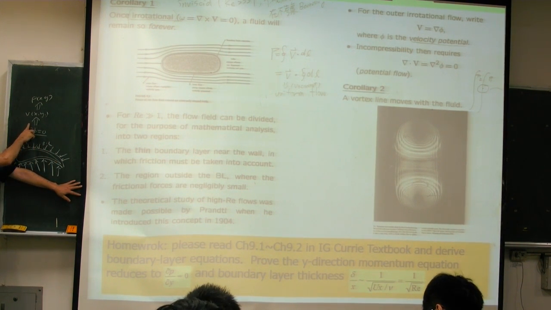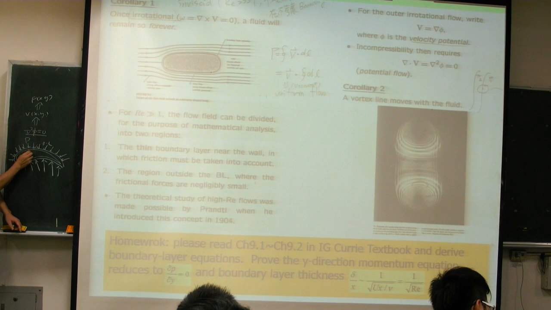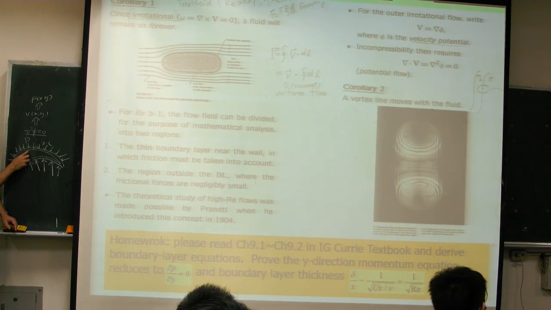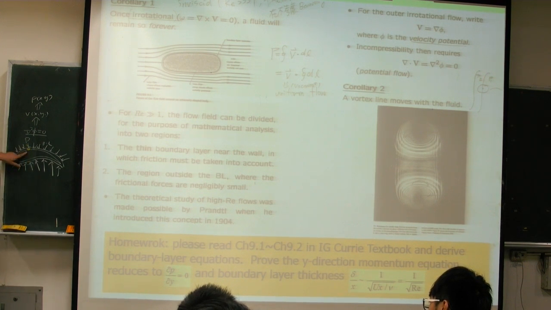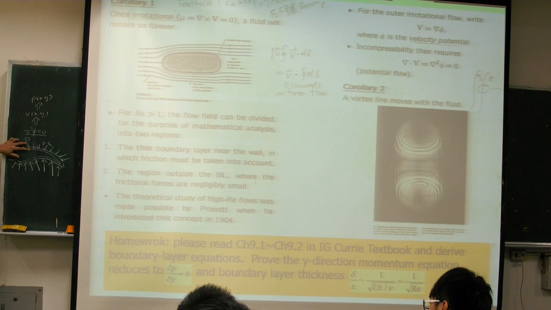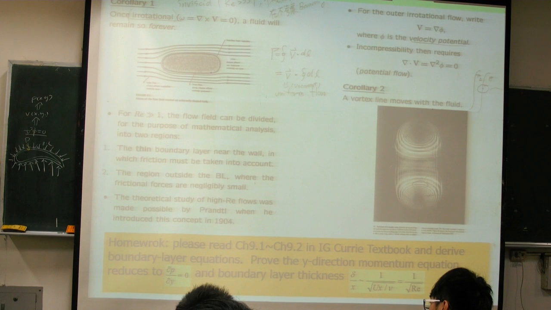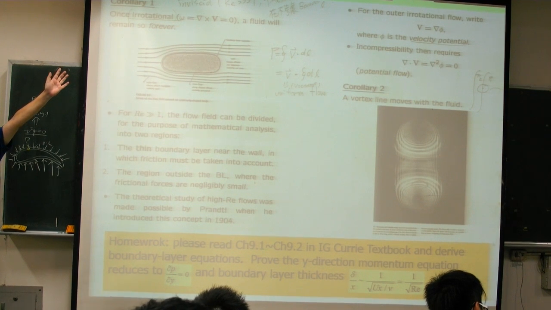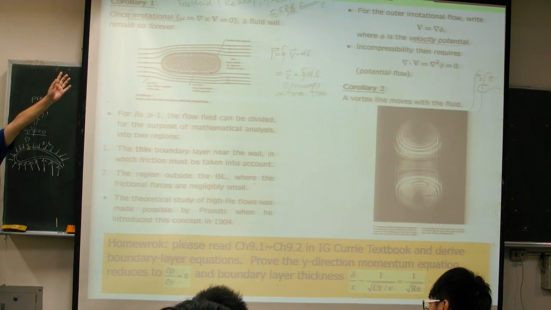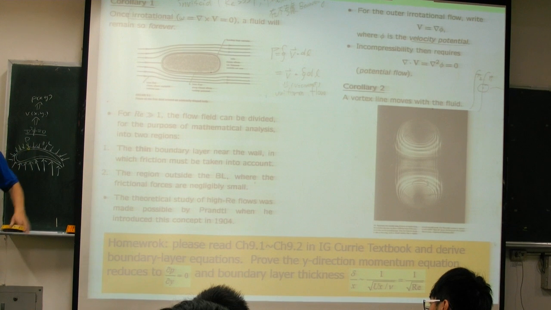Outside the boundary is this, and the pressure at this location is on the surface, inside the boundary. So, the yellow pressure and the white pressure, are these two pressures the same or different? Do you know if they are the same or not? Is it the same? Is it different?